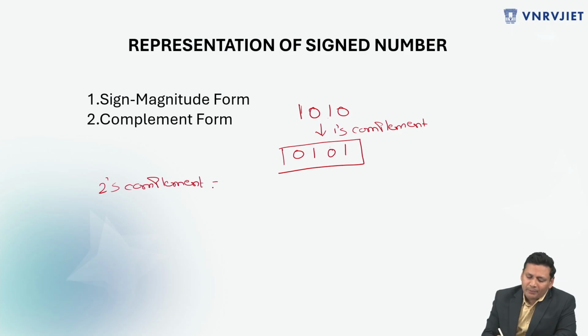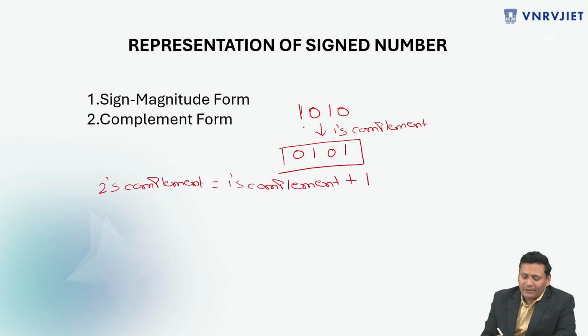Twos complement means ones complement plus 1. Clear? So we will continue the same example. The one's complement of 1010 is 0101.